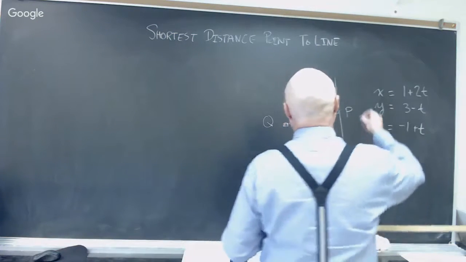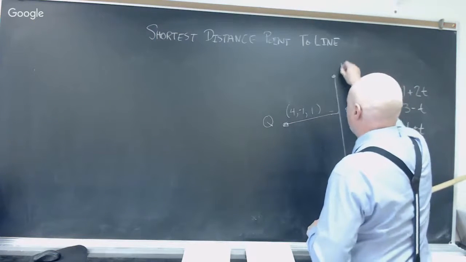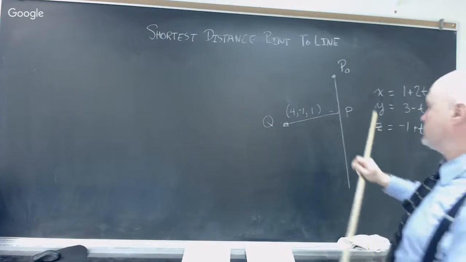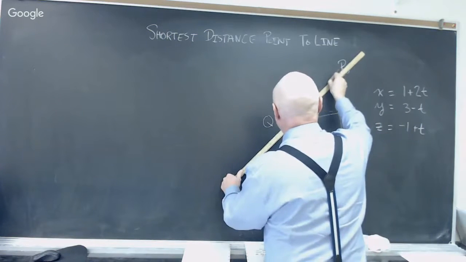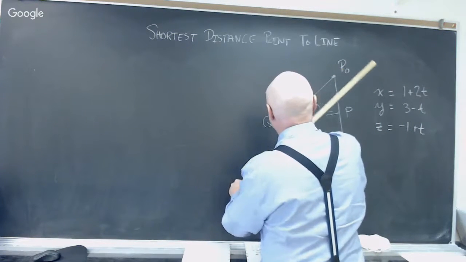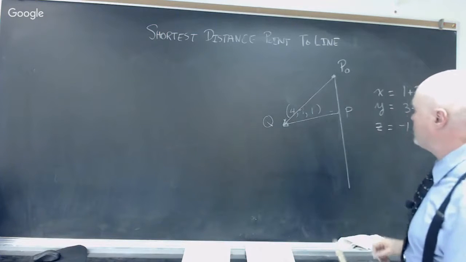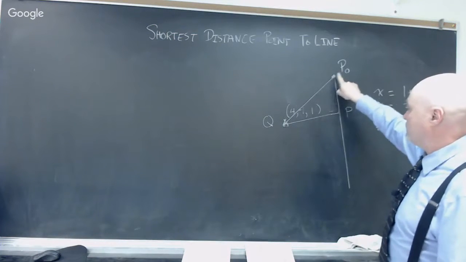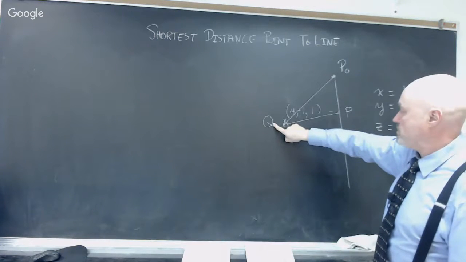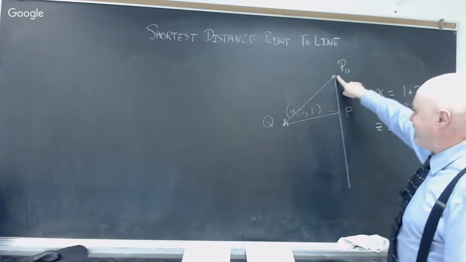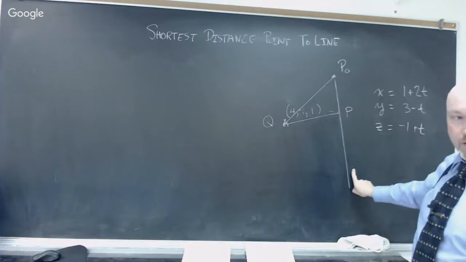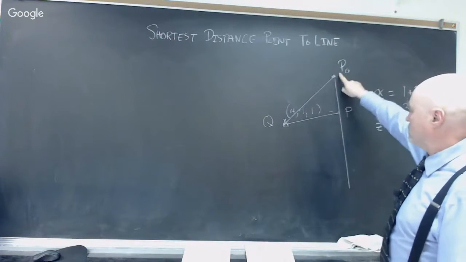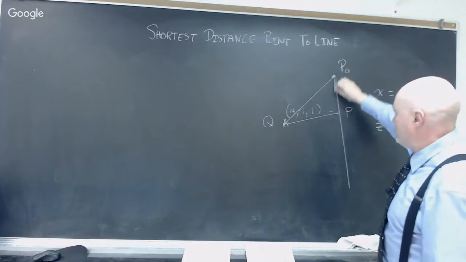So here's what we're going to do. We're just going to do the same thing where we pick an arbitrary point on that line and we get an arbitrary vector. If I can find this length from P0 to Q, and I have my direction vector for the line, I can actually project PQ onto my line.